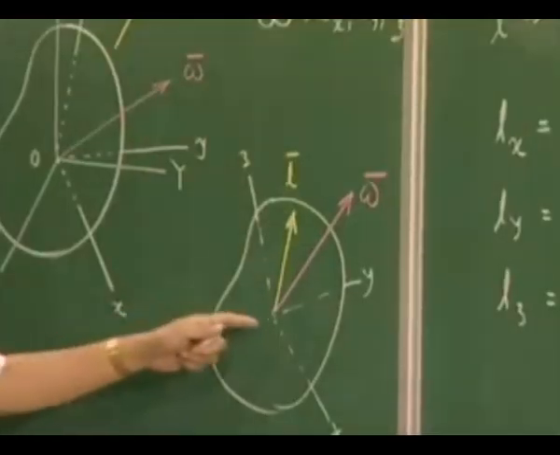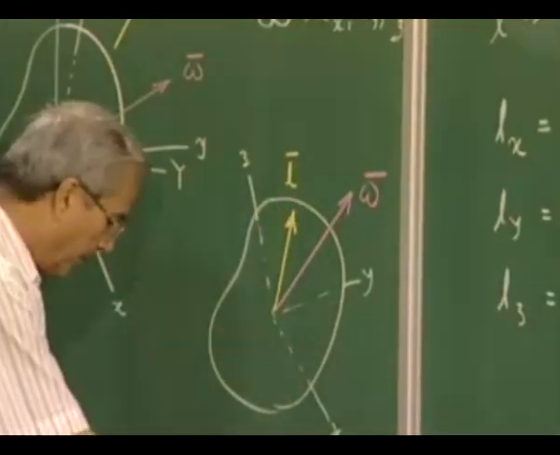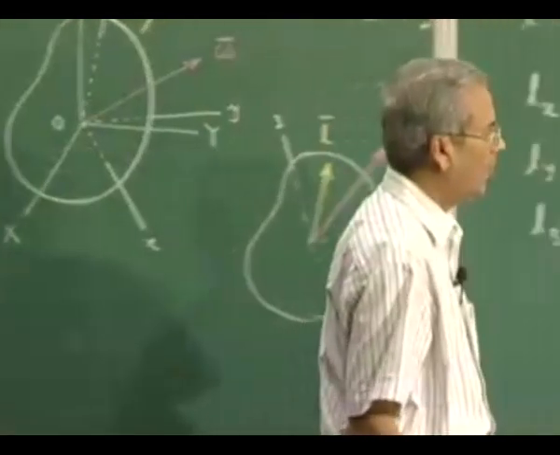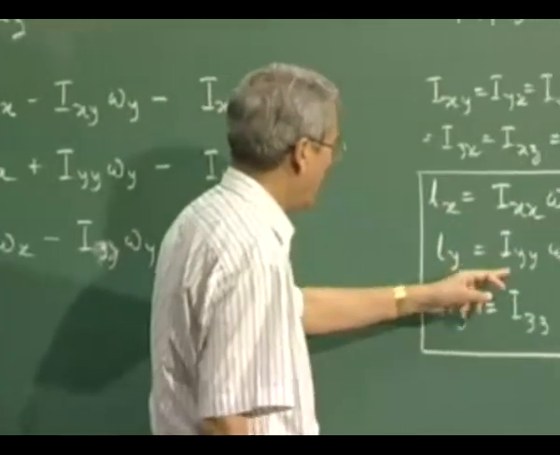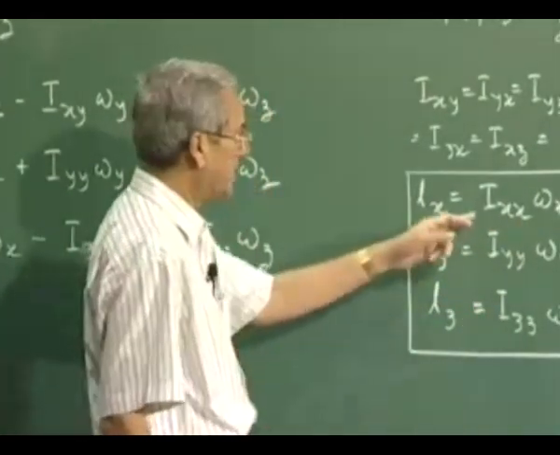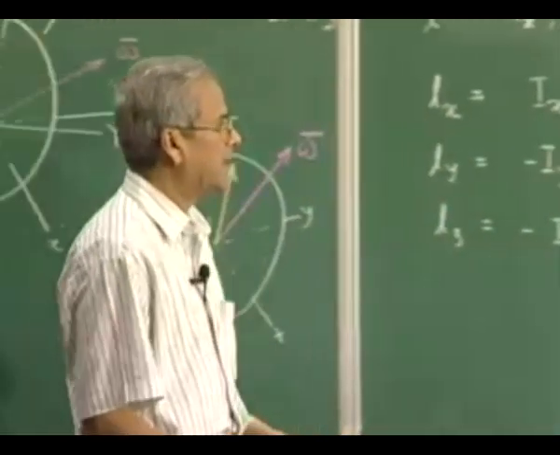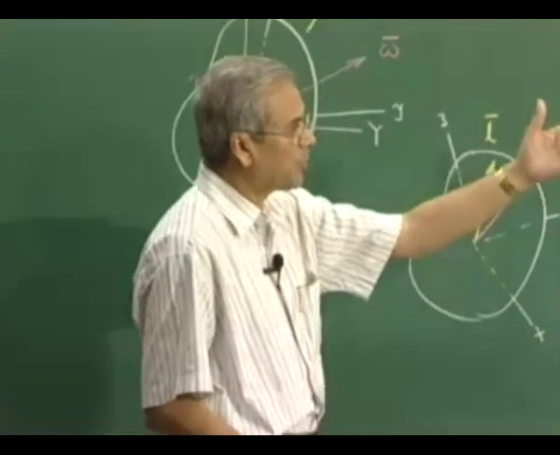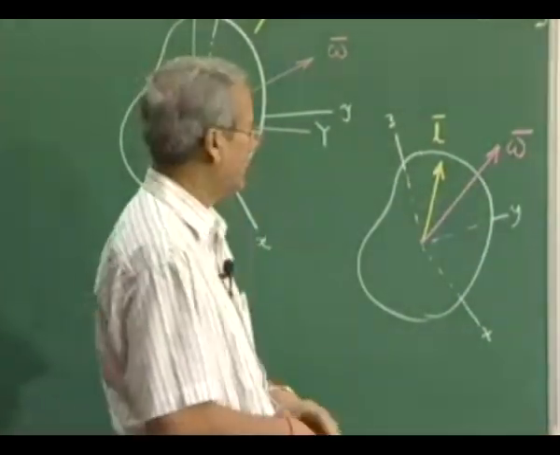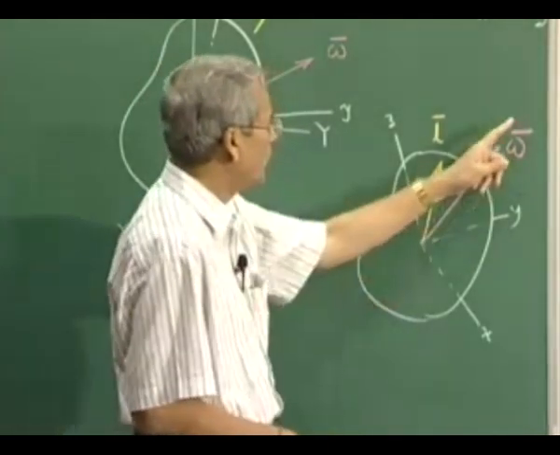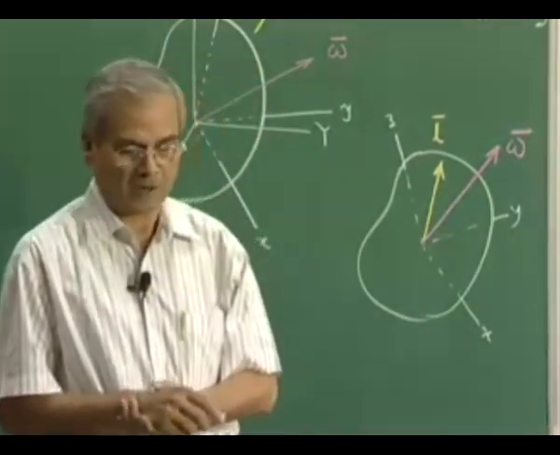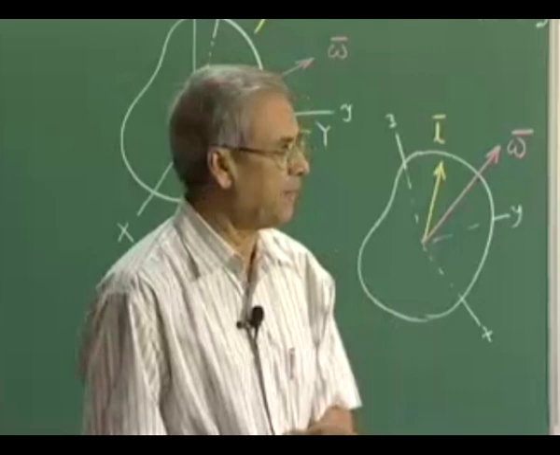But in this case they are not coinciding, except for the situation where all the principal moments of inertia are the same. Then only the Lx, Ly, Lz components will be proportional to omega x, omega y, omega z, which means that both the vectors will be along the same direction. But in general it doesn't happen so.